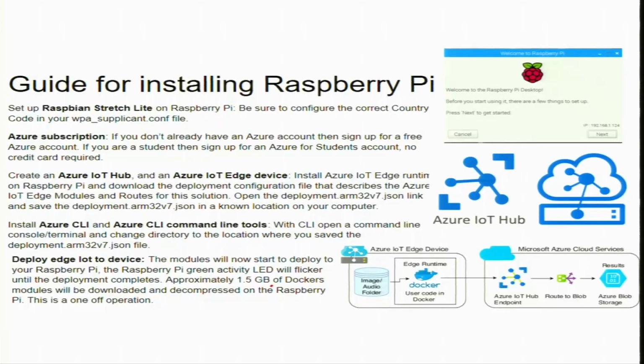So, once you have a Raspberry Pi board, you have to install the Raspberry Pi operating system, called Raspbian, which has to be installed to run that board.